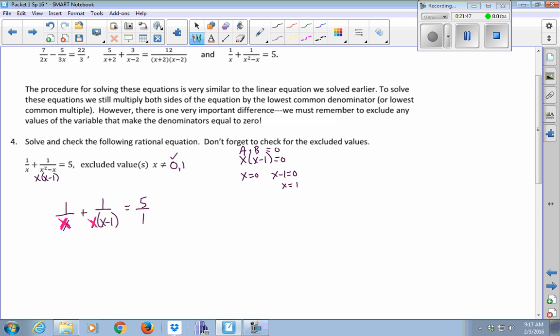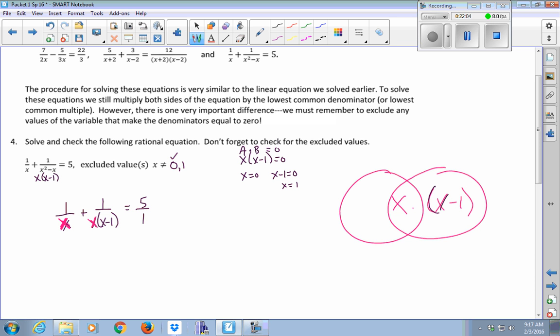All right. So now I make my little circles over here. Here's my first denominator, X. To get my next denominator, I need to borrow that X and times it by X minus 1, which was supposed to come out in black. There we go. Okay. So there's your multiple, X times X minus 1. I don't need two X's. I don't need two X minus 1s.